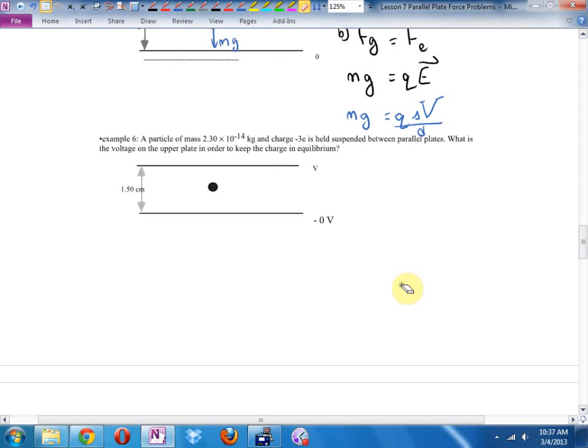What is the voltage on the upper plate in order to keep the charge in equilibrium? Say what? Well, if it's suspended, Graydon, I think what we're really saying is gravity equals electric force. They're canceling each other out in opposite directions, but I don't care about the direction right now. mg equals qE, but E is the change in voltage divided by the distance.